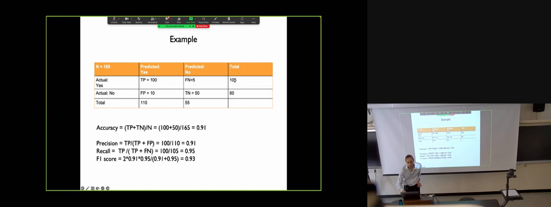You have almost twice as many actual yeses as nos. Then that's when you get quite big differences between precision and recall, because precision will weight one of them more than the other. In that case, it will make quite a difference.